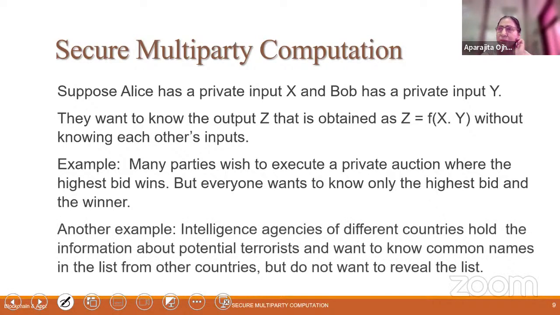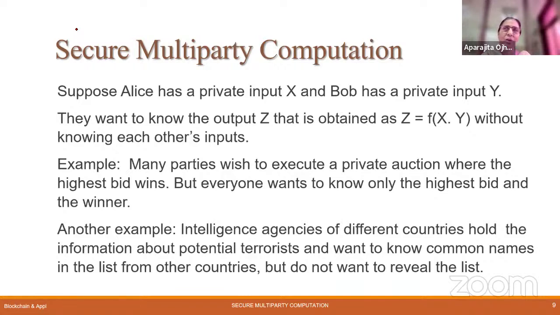Another example is that you have intelligence agencies of different countries. You know that many times we keep having a conflict with our neighboring countries, specifically Pakistan, that he's a terrorist in our list, and you are giving him a different treatment.